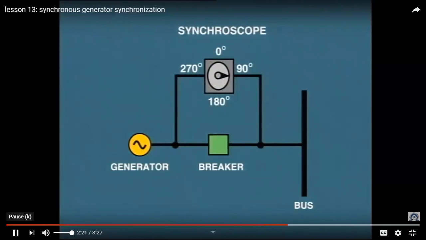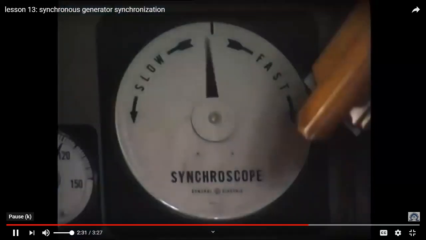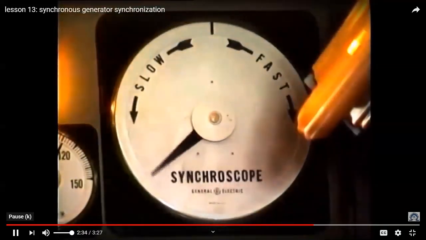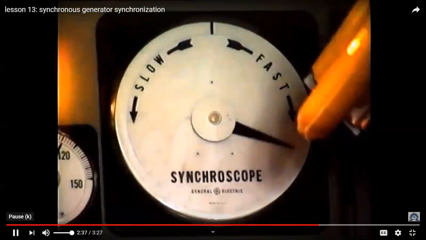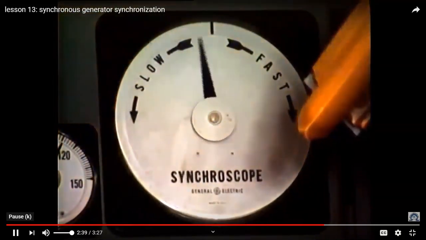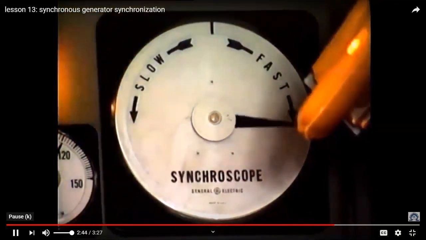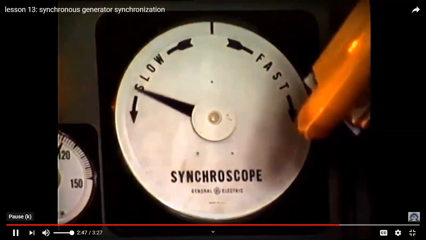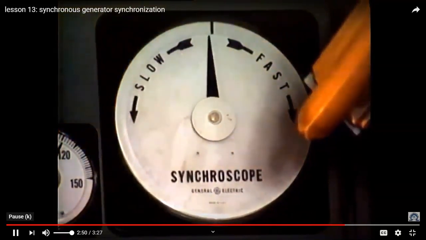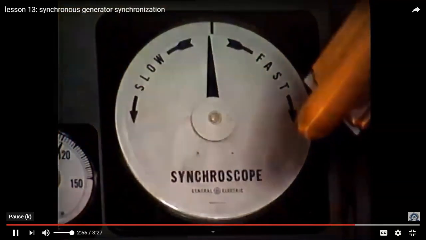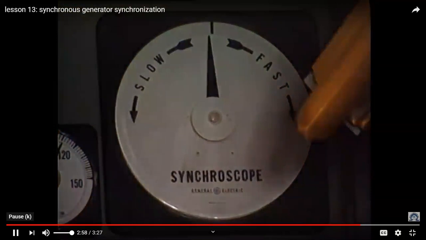As the pointer is stationary, it also indicates that the speed, that is the frequency, of both the system and the incoming generator are identical. More often than not, you will see the pointer slowly rotating like this, indicating a slight variation in speed. In the case shown, the incoming generator is running slightly faster. If the rotation is slow enough, you can manually close the circuit breaker just before the pointer reaches the midnight position. The machine will then lock itself in synchronism and start providing power.